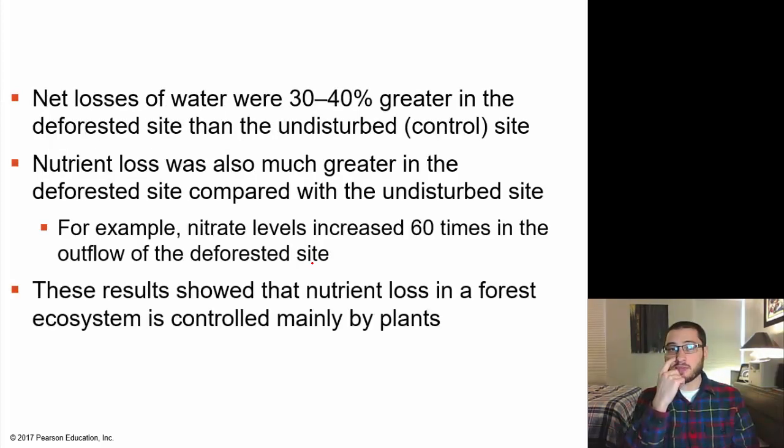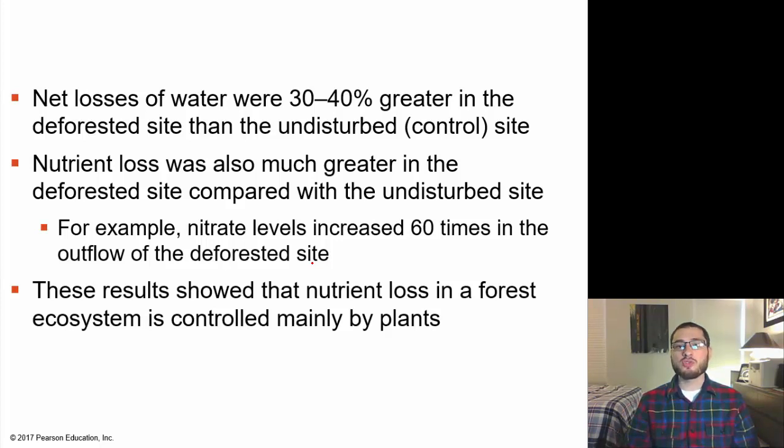And what they found is that net losses of water were 30 to 40% greater in the deforested site compared to your control site. So by wiping out those native species, by getting rid of that native forest and just planting everything the same of crops, you have an increase in the water loss of that environment.